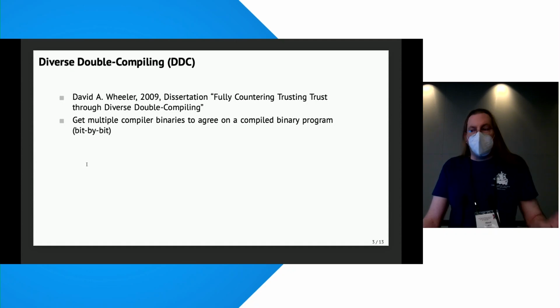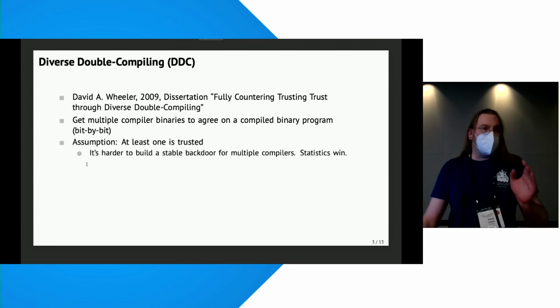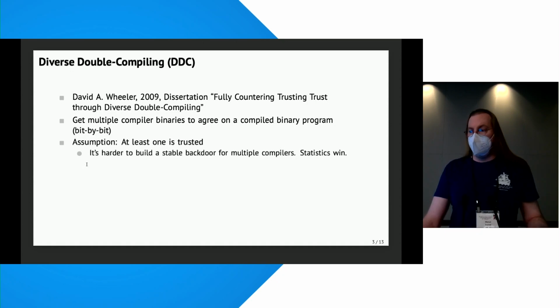You need to get multiple compiler binaries to agree on a compiled binary program. If the results are bit by bit equal, like if you have one trusted compiler, then you know all the other compilers can be trusted as well because their results are the same.